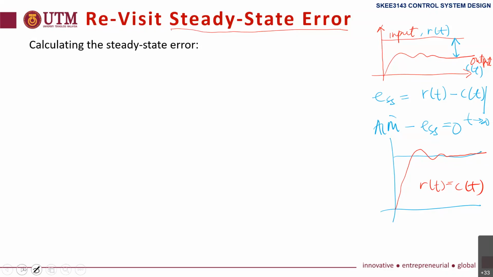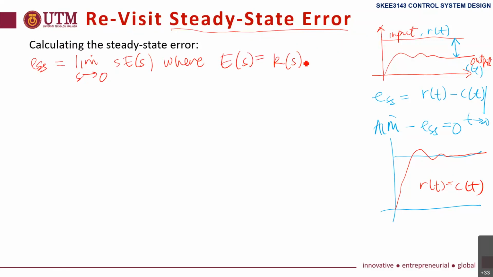And there is a formula to calculate steady state error. Steady state error is calculated based on this formula. Hope you still remember, where E(s) equal to R(s) input minus C(s) output. And this formula is known as the final value theorem.